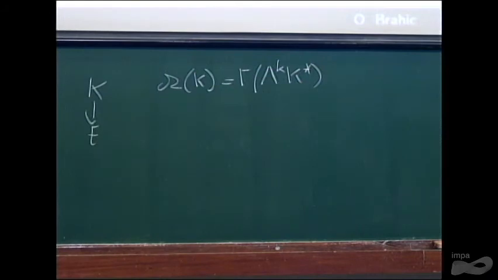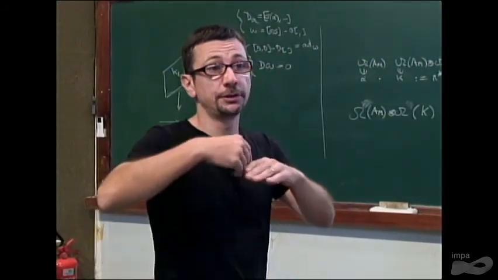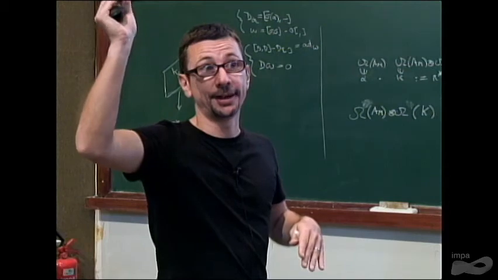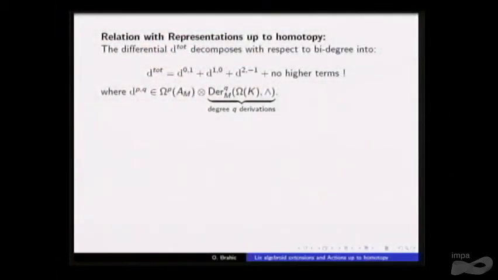Of course, if there would be negative degrees... I suspect this is why you only have three terms. No, but for instance, for a representation up to homotopy, even if it's concentrated in positive degrees, you have an infinity of terms. It can be concentrated in degree 2, and you have a 3-form. But okay, I will explain.